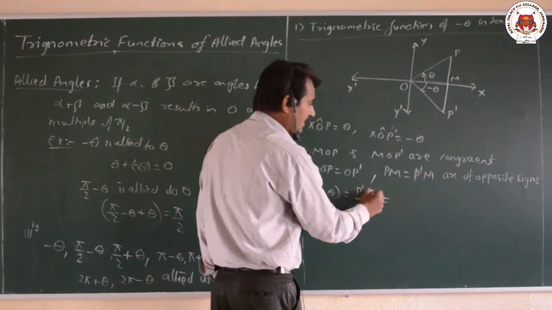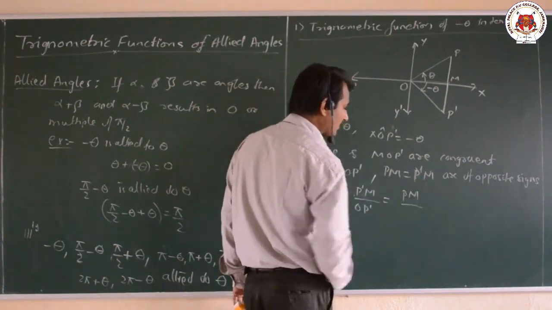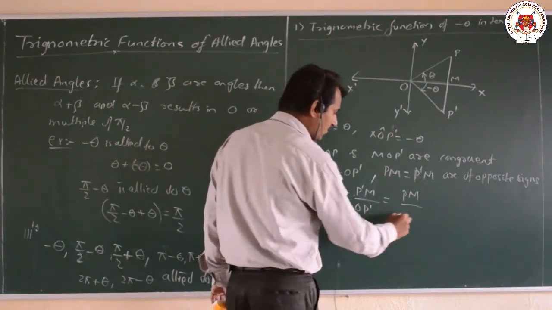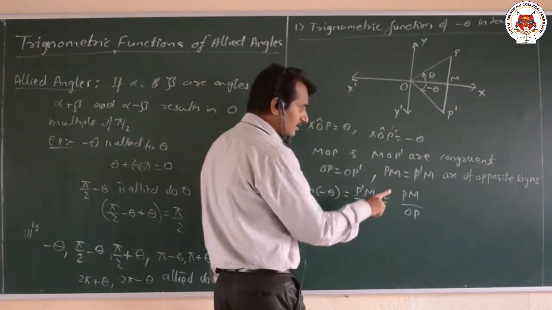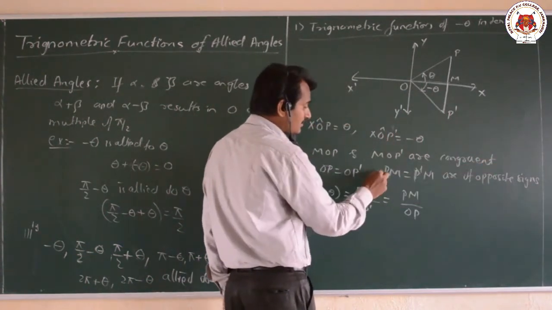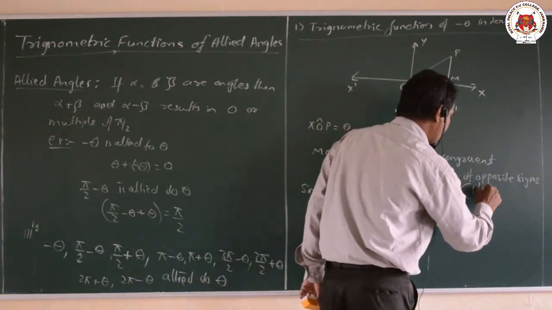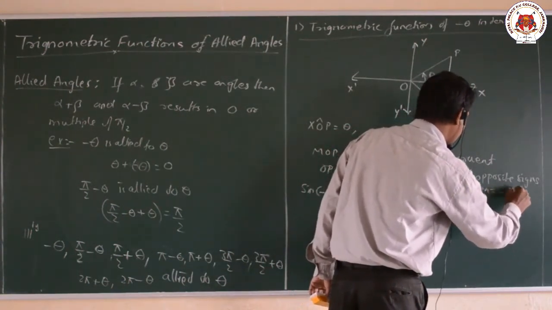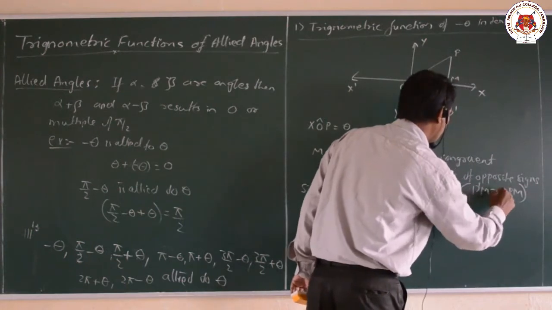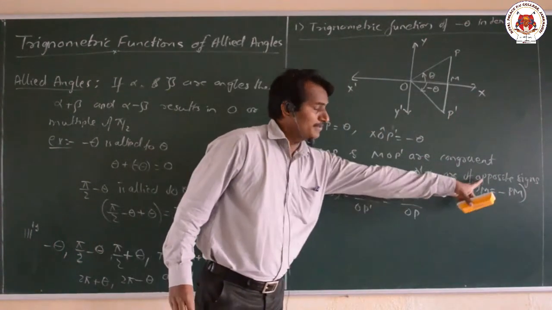Now P dash M is PM in magnitude, divided by OP, but PM and P dash M are of opposite sign. Opposite sign means I can write P dash M is equal to minus PM. This is very important.